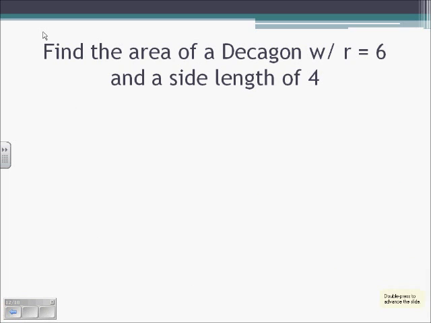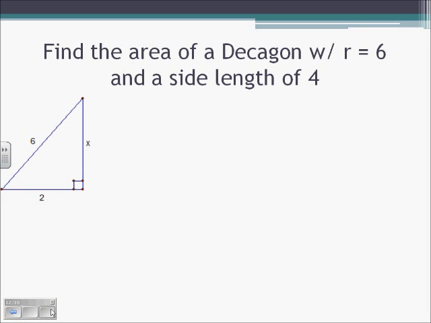Find the area of a decagon with a radius equal to 6 and a side length of 4. We know a decagon is going to have 10 sides, and if the side length is 4, when we bring the apothem to the side length, it's going to split that in half. So one of the sides of our little triangle is going to be equal to 2. The hypotenuse is always our radius, which is equal to 6.